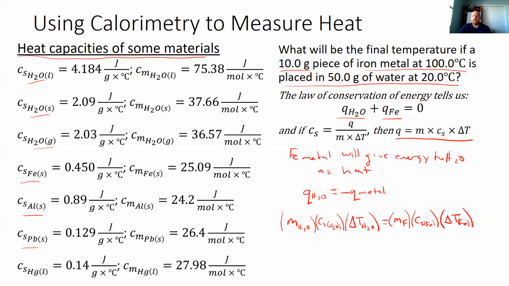And if I'm being really good about this, I'll remember my negative sign and put that out in front here. So let me rewrite my equal sign. There we go, the negative of that.